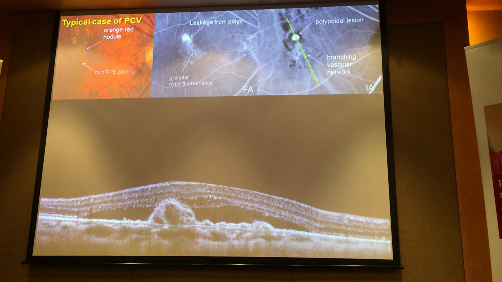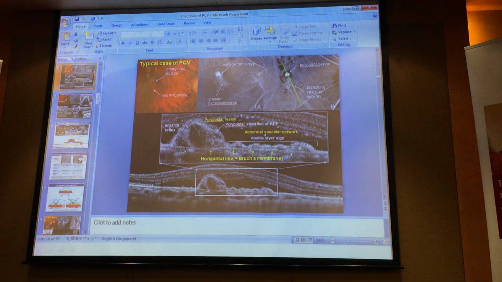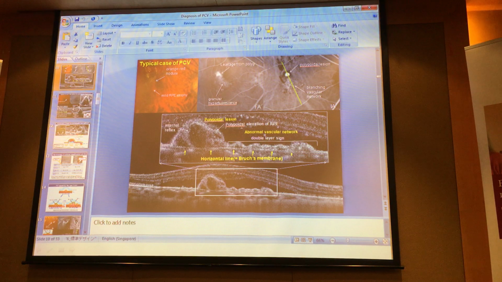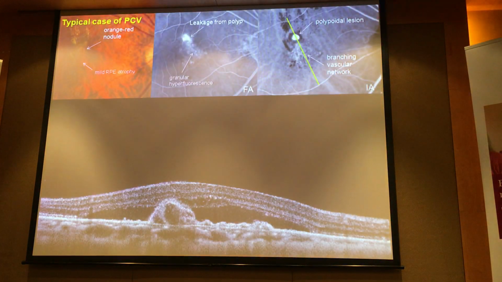This slide shows a typical case of PCV. You can see an orange-red nodule here, a nodule with pentus appearance and mild RPE atrophy. On fluorescein angiography, there is granular hyperfluorescence at the BVN and leakage from polyps.